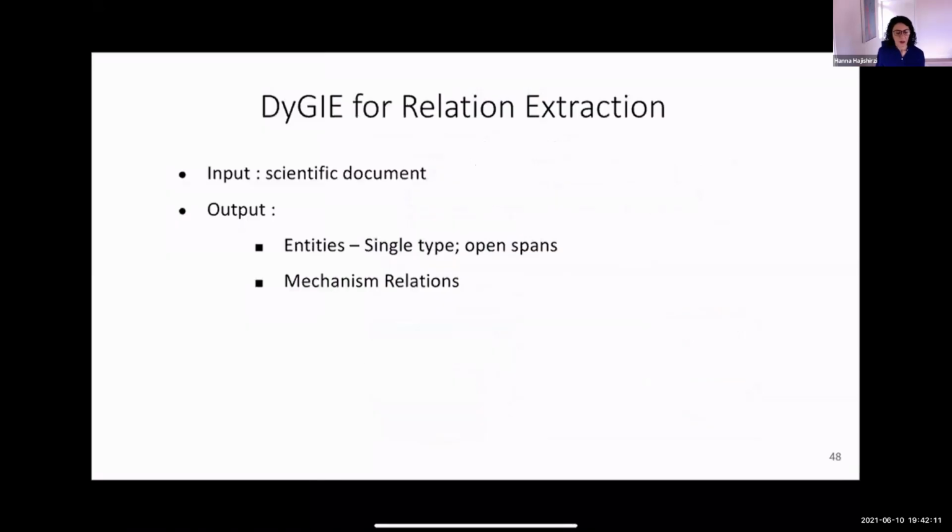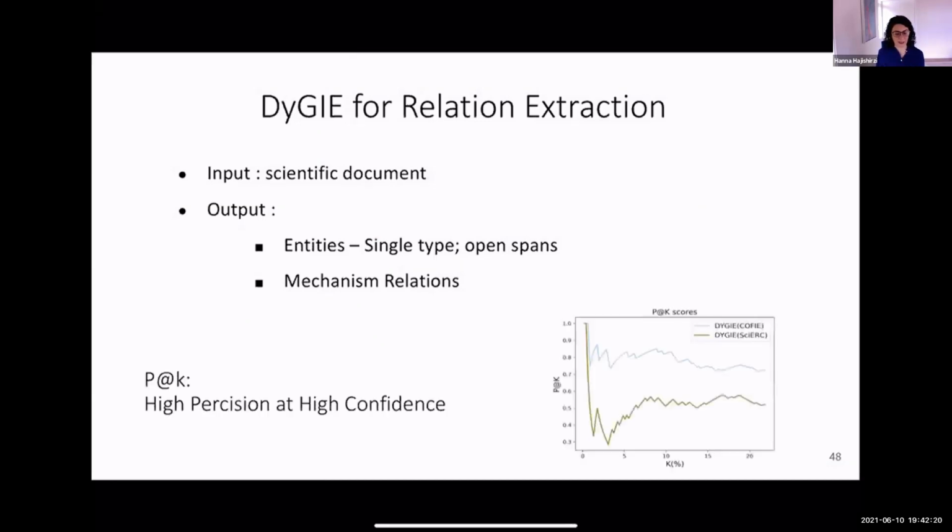Okay. We evaluated our DyGIE model, first of all, to see how accurate the model is on our annotated data. Basically, the idea is similar to what we did in the computer science domain. We get a scientific document as input, and the output is the extracted entities and also their relationships. This figure at right shows the precision at K for different K values.